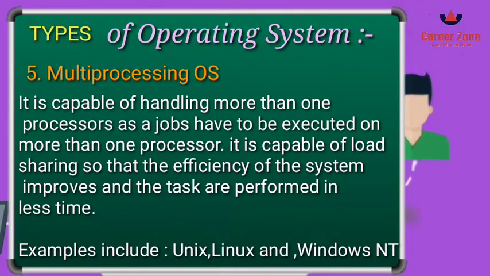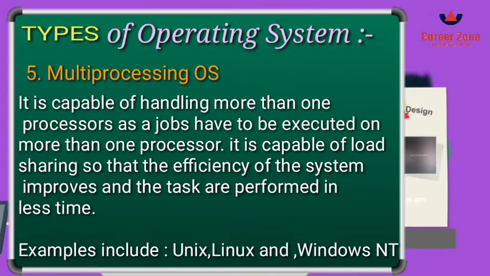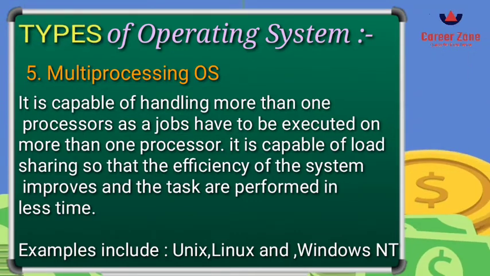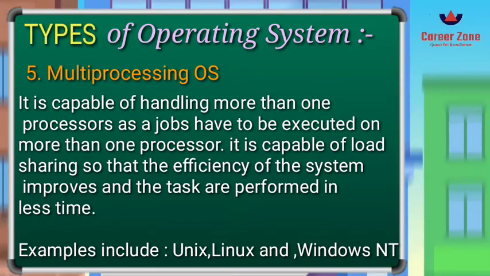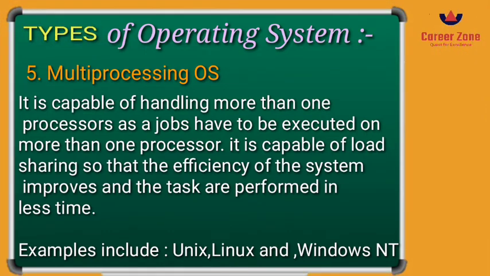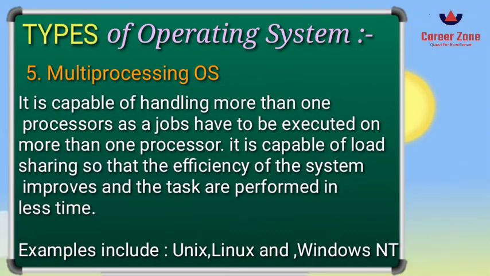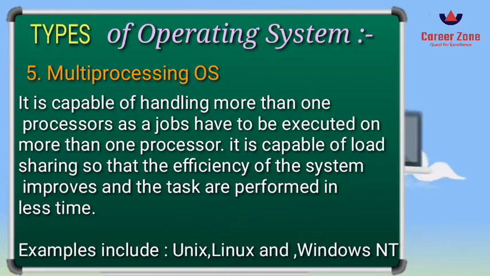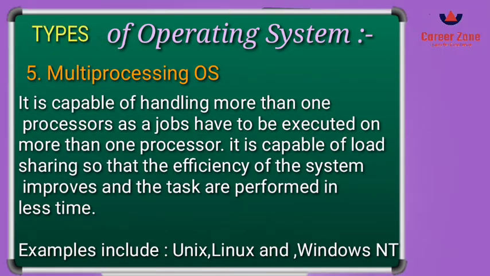Because if there is one processor inside the CPU, the task is performed by that processor only. But if we divide the task between different processors, our task efficiency will be increased and the task will be performed easily and faster. Examples of this kind of operating system can be Unix, Linux and Windows NT.